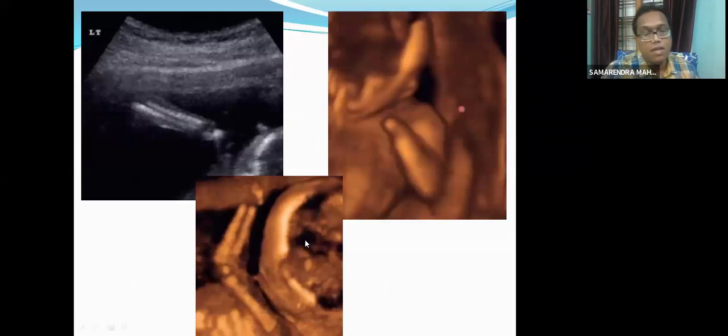So the left upper grayscale image showing the middle segment with radius and ulna, but the distal hand part is absent, and the right upper one showing the 3D surface rendering, and the lower one showing the 3D maximum mode with the bones, where the hand is missing.